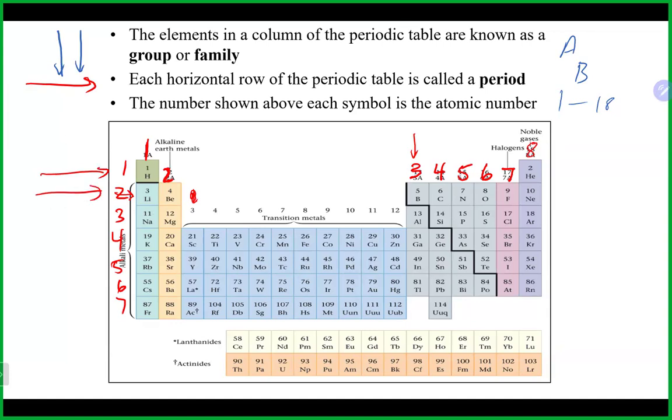So there are 7 periods, and we typically deal with 8 groups going that way. As we've been talking about, above the symbol on the periodic table is where we find our atomic number, which is our number of protons.